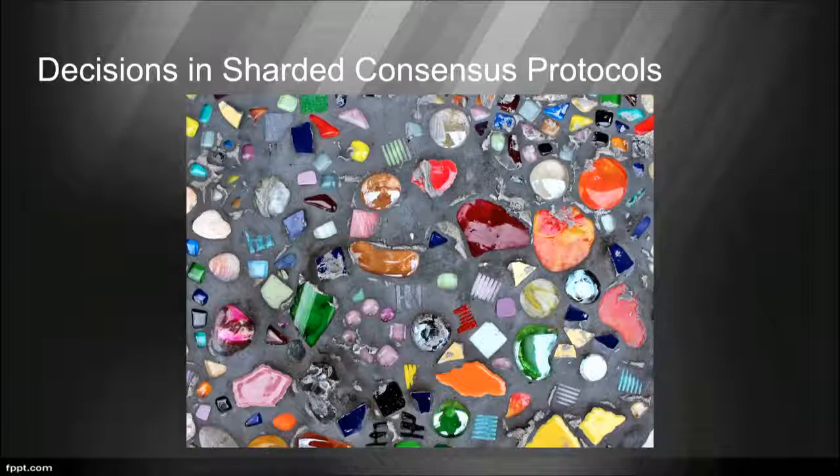In consensus protocols, we have the opportunity to make inconsistent decisions. And in a sharded protocol, we have the opportunity to make inconsistent decisions about different parts of the consensus value, about different shards. So we have to choose things for different shards that are consistent for it to be a safe consensus protocol.